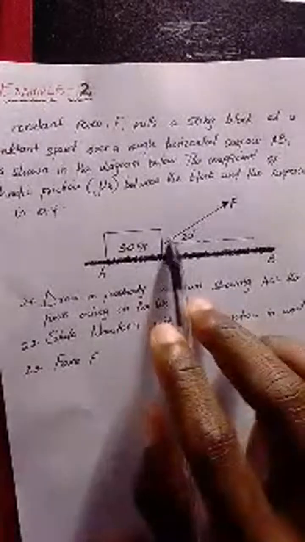So now let's draw our free body diagram. Take a new paper. 2.1. We draw a free body diagram of all the forces that are acting on this block.